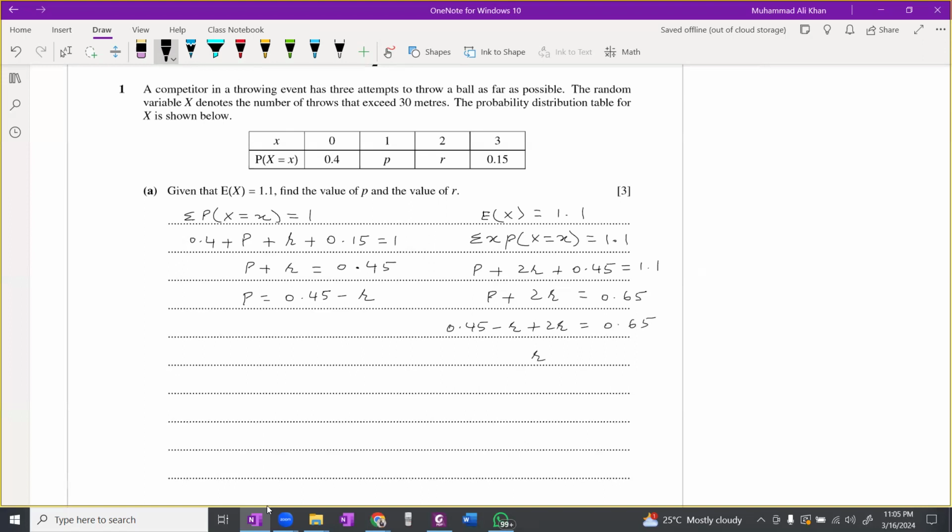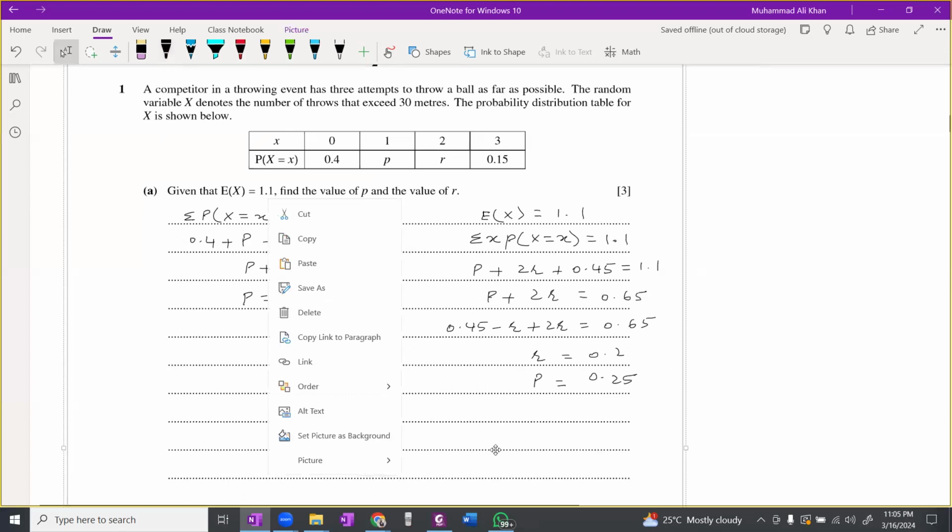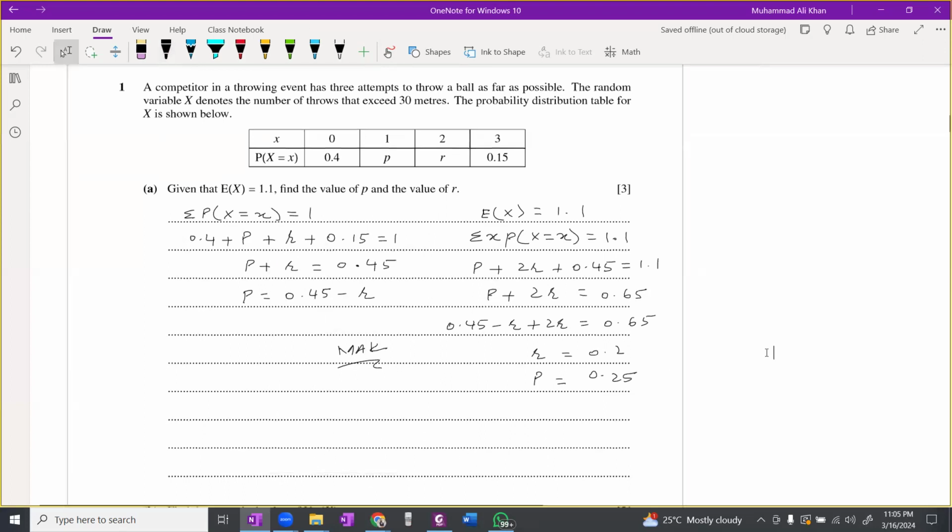According to this, the value of R is 0.2. If R is 0.2, then putting it in P equals 0.45 minus R, P will be 0.25. So these are the values of P and R. This is question number 1, part A.